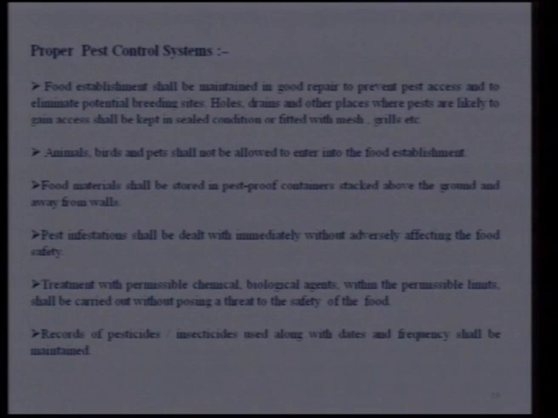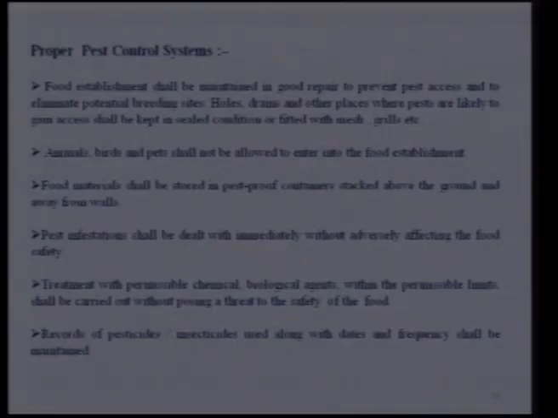Proper pest control system, I already mentioned in the raw material or finished good storage. Pest control measures should be taken like provision of rodent baits or rat traps. All the openings for drainage or other things should be properly covered so that rats and rodents do not enter the finished goods or raw material storage.